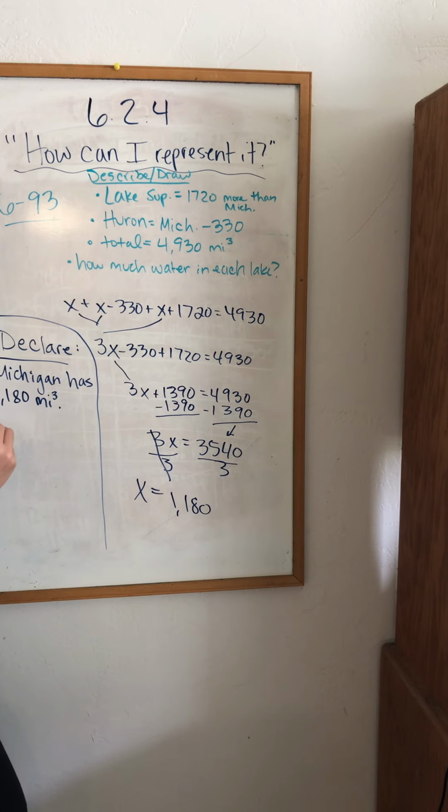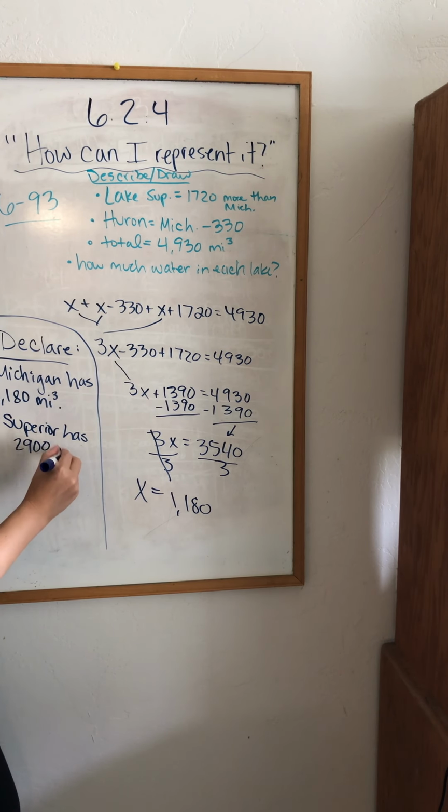What's the next one? Superior, let's do Superior has, and we have to actually calculate this right now, is 1720 more than Michigan. So you just add this to 1720, and I got 2,900. And the last one was Huron.